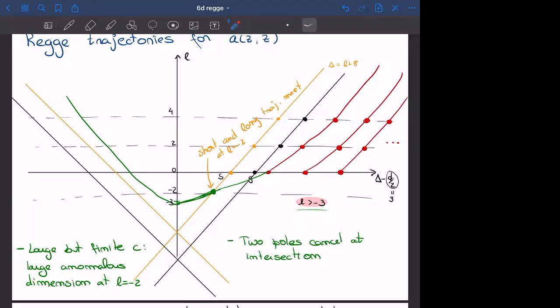I just wanted to make a comment about this picture that's on the slides right now. About the fact that the poles have to cancel at spin -2, I'm not 100% sure because I'm not very familiar with this function AZZ bar, but I think that it is possible.